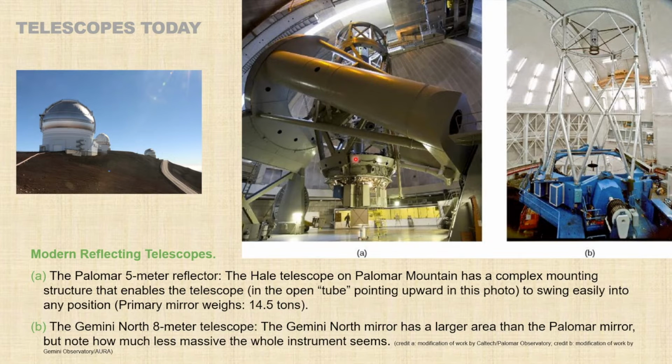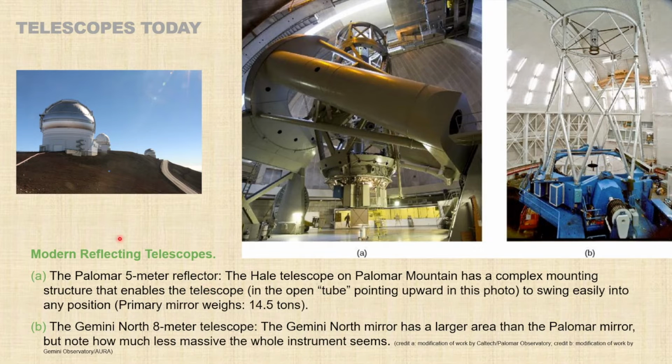Here, this was in '48, but later, after 50 years or so, better materials were found, a better technology where thinner mirrors could be built, like this one, Gemini North. This is 8 meters wide, with less equipment, less steel to hold it in place.